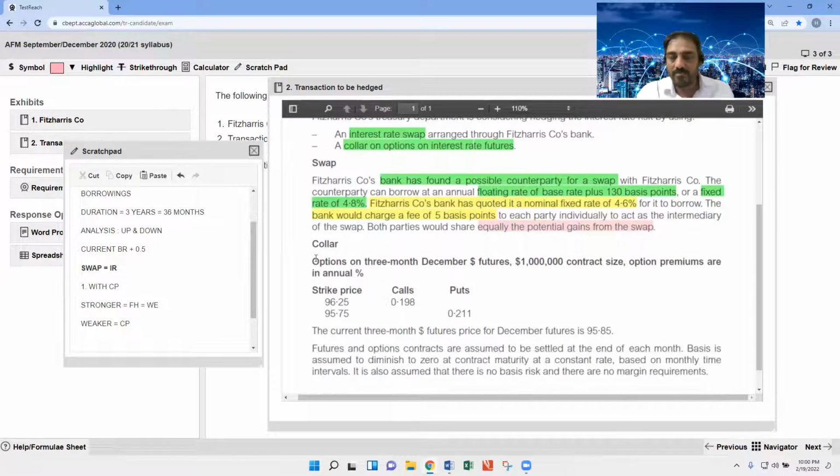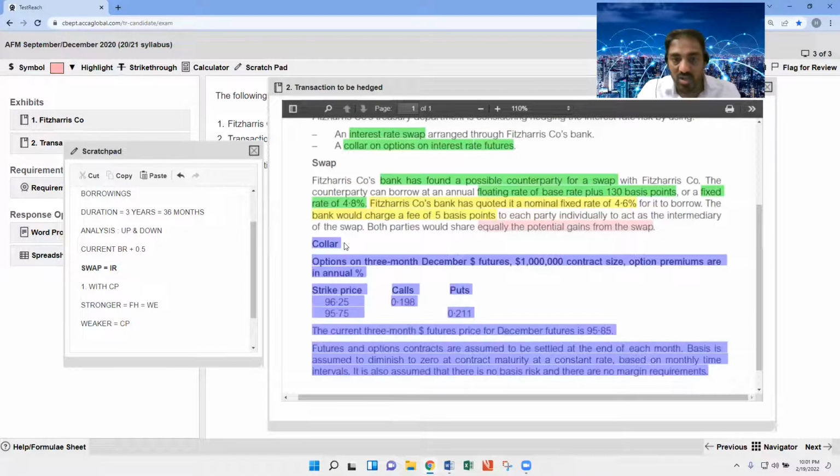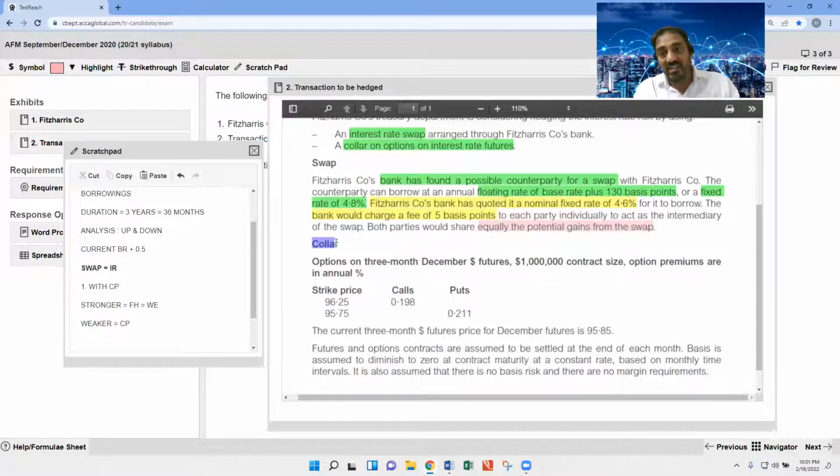Number two, collars. Here, not a question about futures, not a question about options, but direct collars. But if we work with collars, the very important thing we require is the estimated futures.